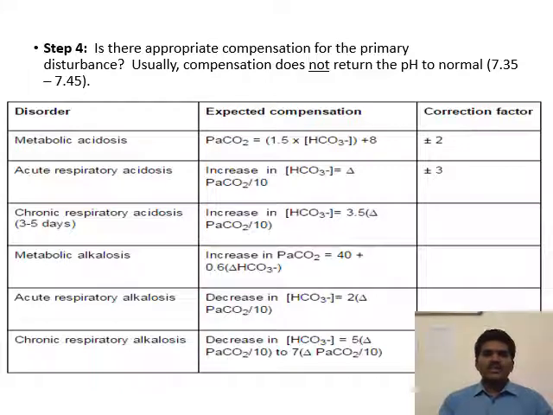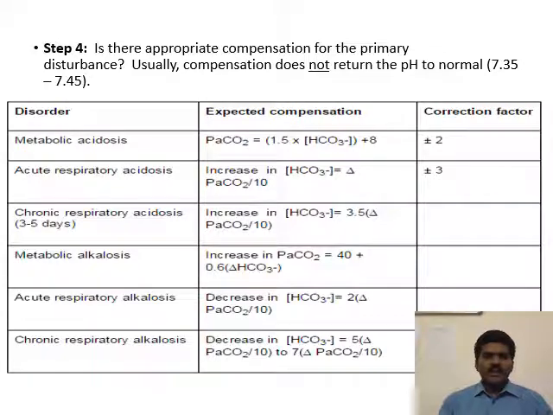Acute respiratory acidosis: increase in bicarbonate should be equal to the increase in PaCO2 divided by 10. In chronic respiratory acidosis, increase in bicarbonate should be 3.5 times the change in PaCO2 divided by 10. Metabolic alkalosis: increase in PaCO2 is equal to 40 plus 0.6 times the change in bicarbonate.